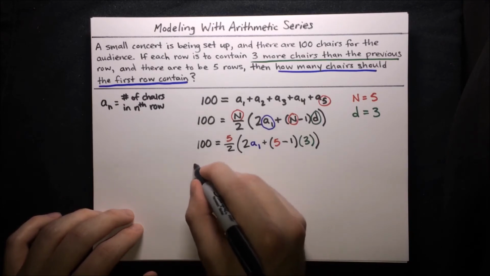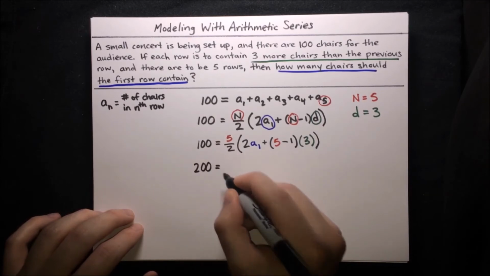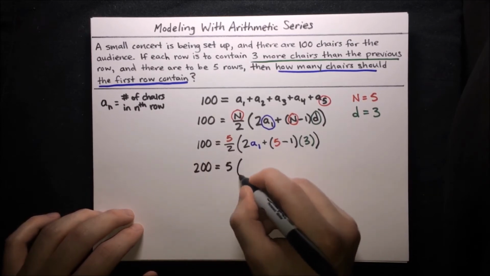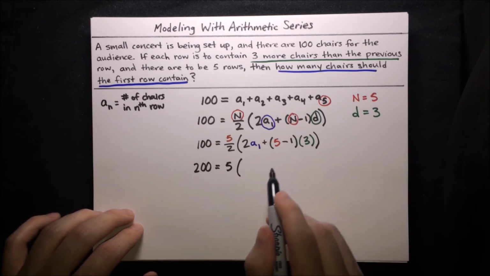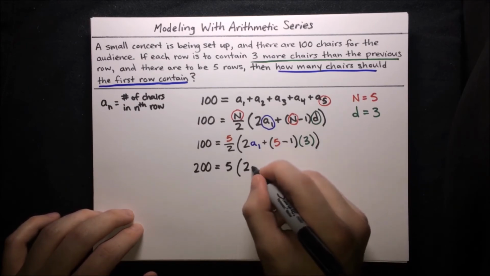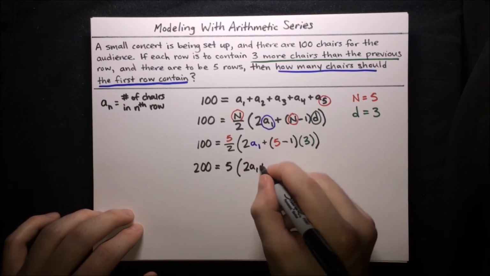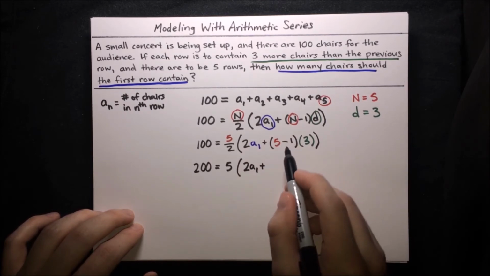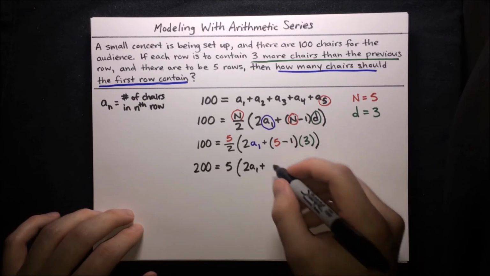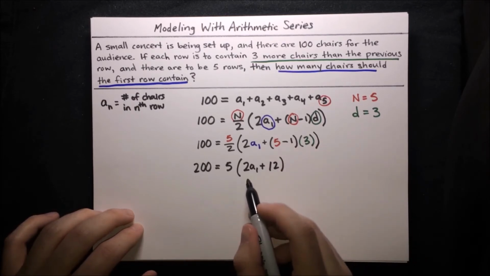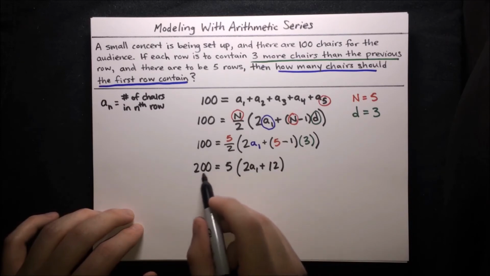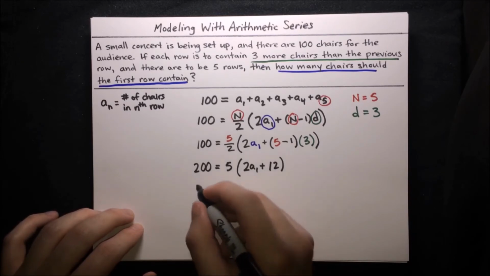So we get 200 is equal to 5 times this quantity. Let's simplify inside this quantity as well. We'll have 2a_1, and then plus 5 minus 1 is 4, and 4 times 3 is 12, so plus 12. We can divide both sides by 5, and 200 divided by 5 is just 40.